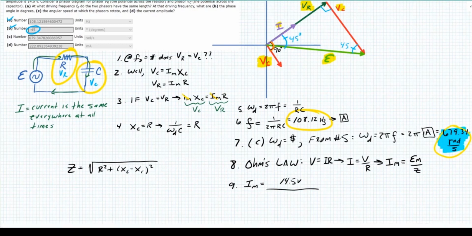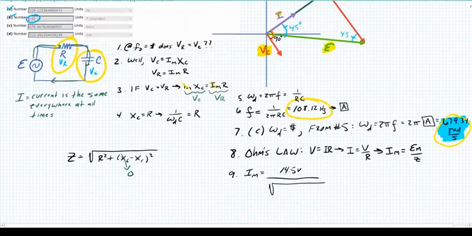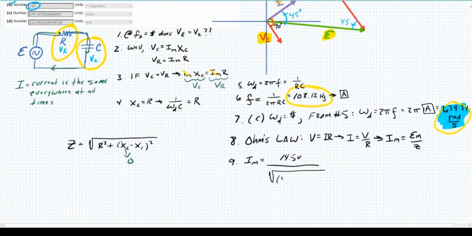But XL equals 0. Since there is no inductor, it's going to be the square root of R squared, and for me, R is 46 ohms. So 46 ohms squared plus XL, which is 0, minus XC.